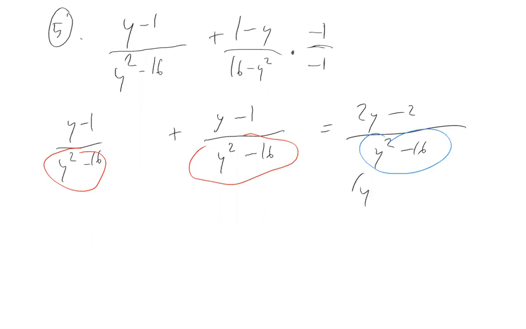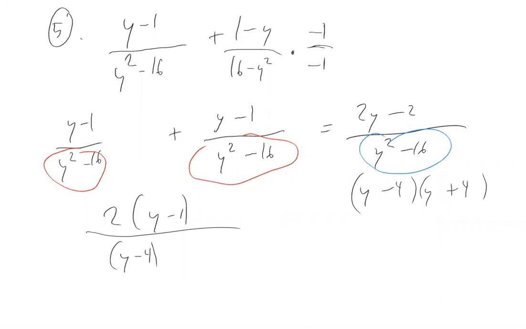So y squared becomes y times y, and negative 16 becomes negative 4 times positive 4. And then you can factor 2 out of the top, so you'll have 2 times y minus 1 over y minus 4 times y plus 4.